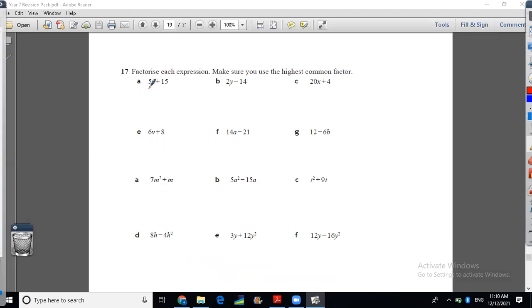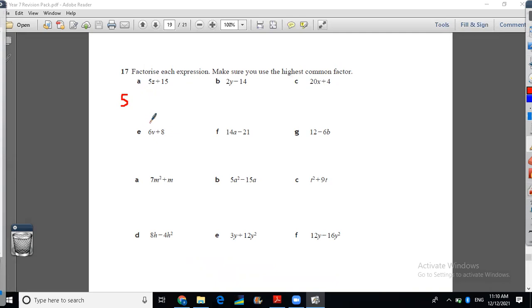What is the highest common factor between 5z and 15? Let's look at the numbers, 5 and 15. What's the number that I can divide both of them by? You can divide both of them by 5. Can you divide both of them by a higher number?